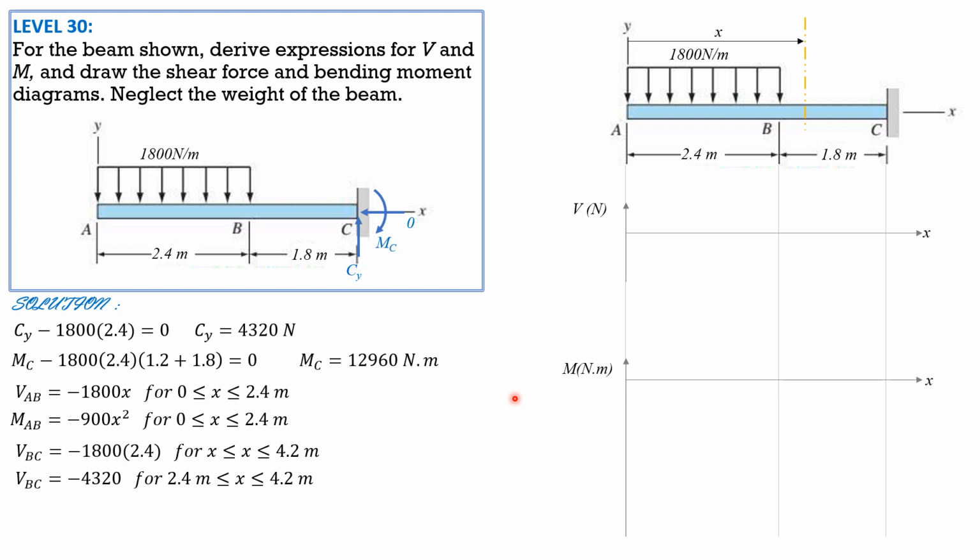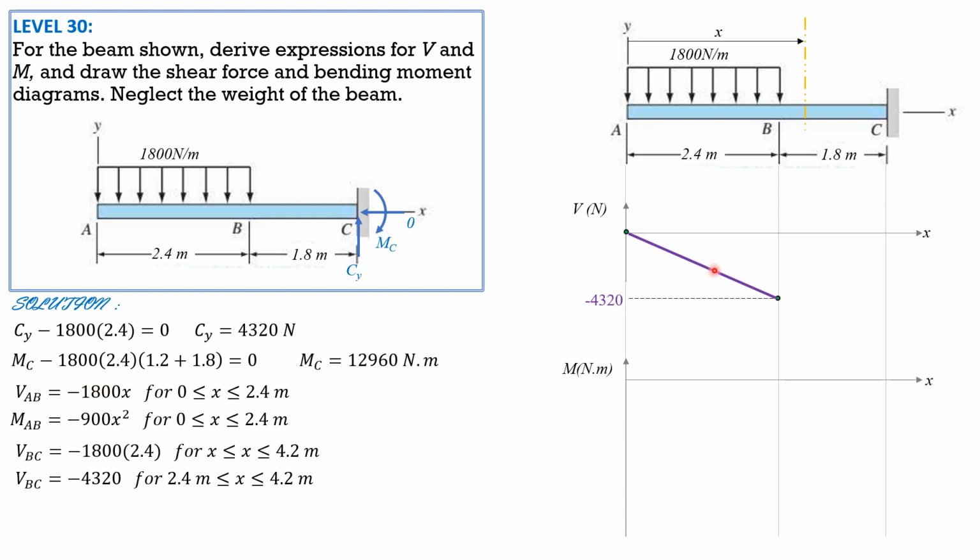And it is given as shown. So it begins with 0, then shear when x is 0, this is 0, when x is 2.4, so it is negative 4320. It is a straight line because this represents a line with negative slope.